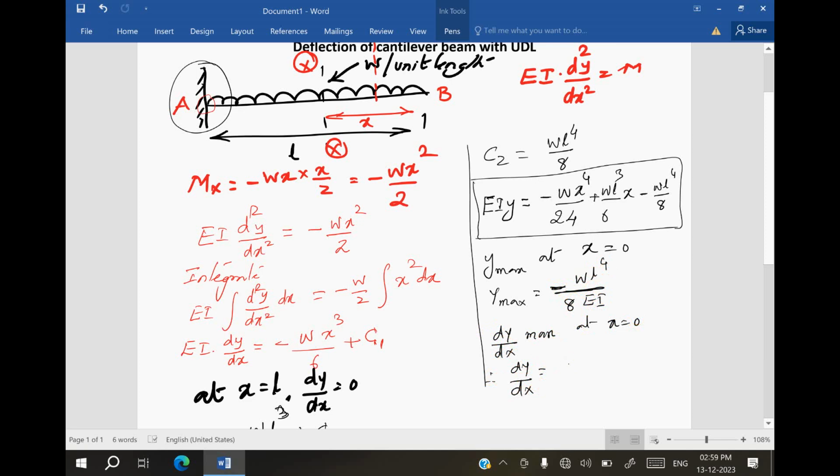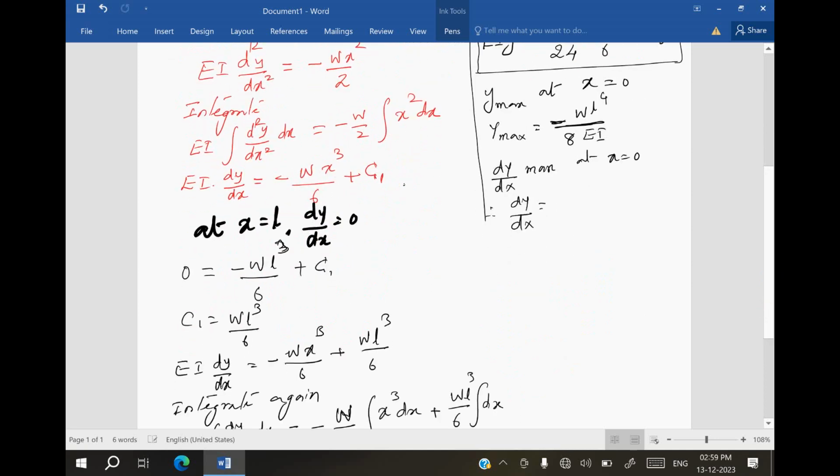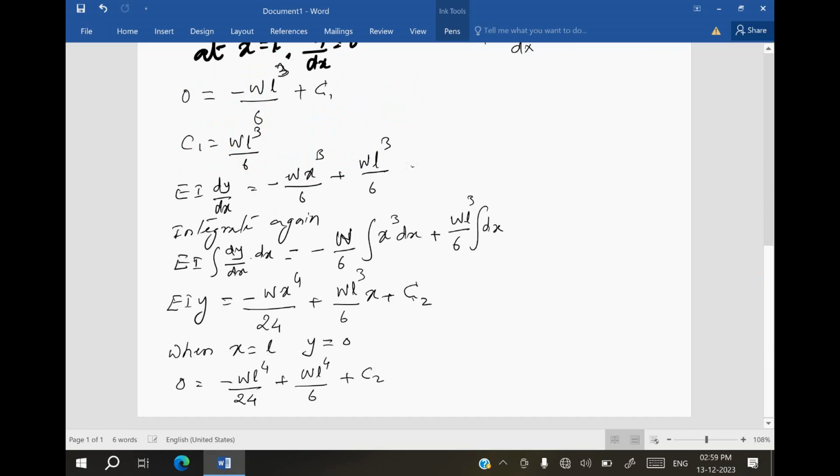You just go to the equation of dy by dx. Where is the dy by dx equation? It is here, correct? So dy by dx is maximum at x is equal to 0, is it not? So it will be EI into, where is that equation? We have to substitute the value. Okay, this is your dy by dx equation, correct?